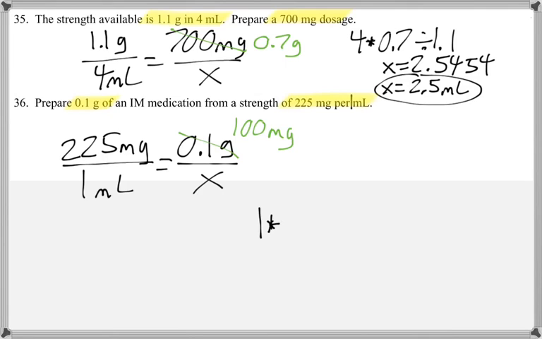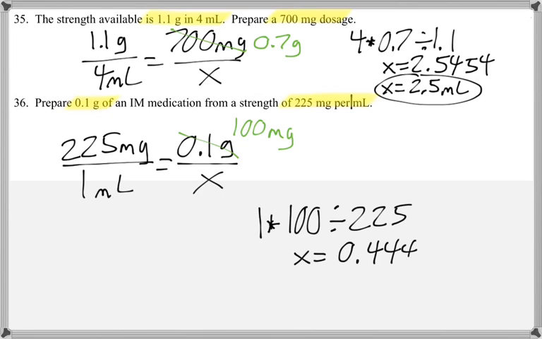So 1 times 100 divided by 225. And we get x is equal to 0.4 repeating, but they want us to round it to the tenths, so 0.4, and this is mLs.